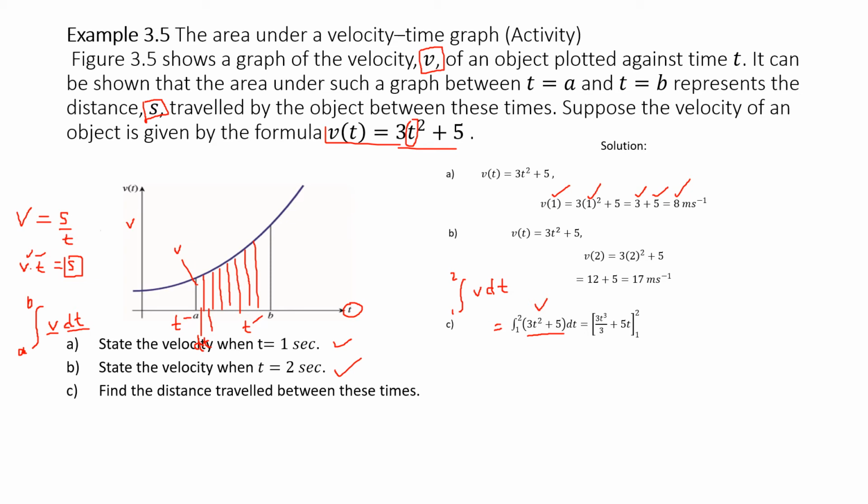V equals this 5, 3t squared plus 5, which is this. And then table of integration. Now applying the limits, one time we plug in 2, then minus, and then 1.